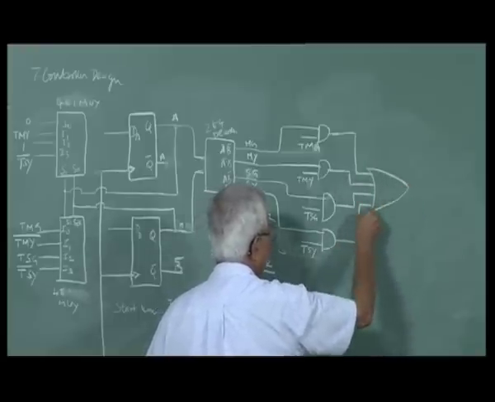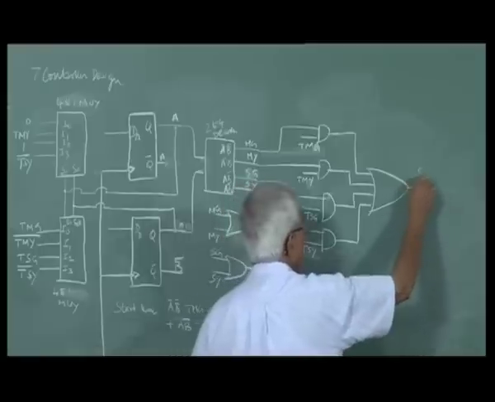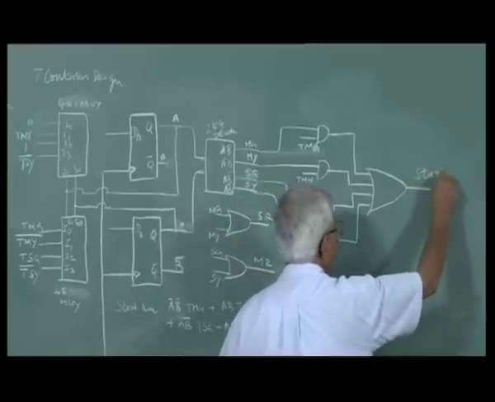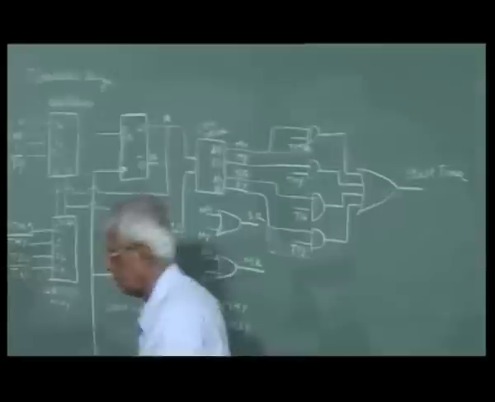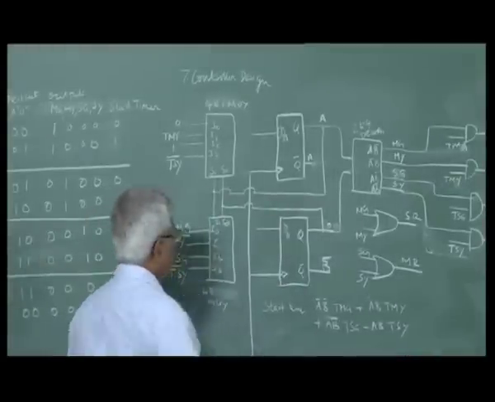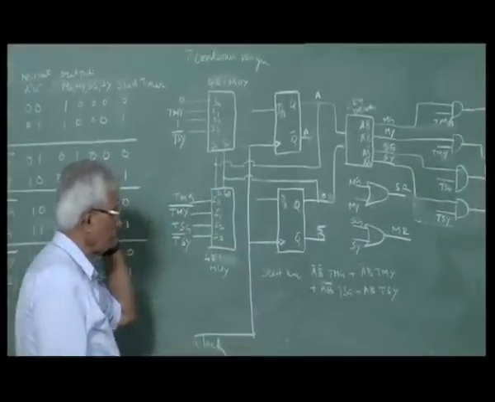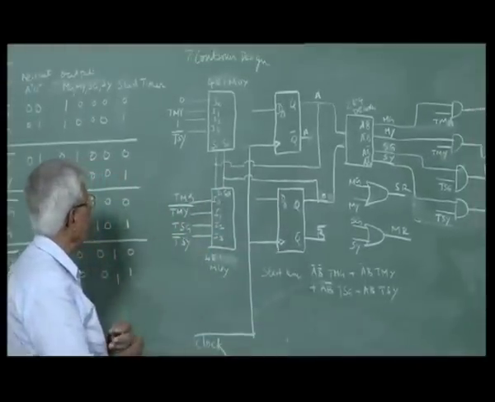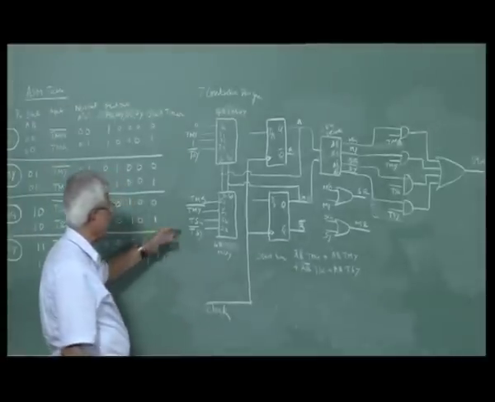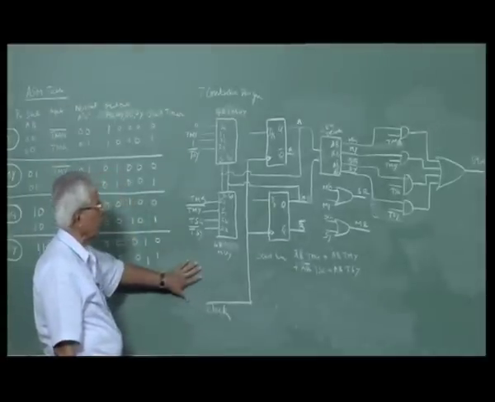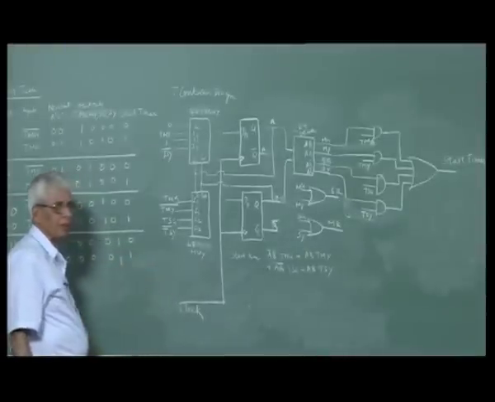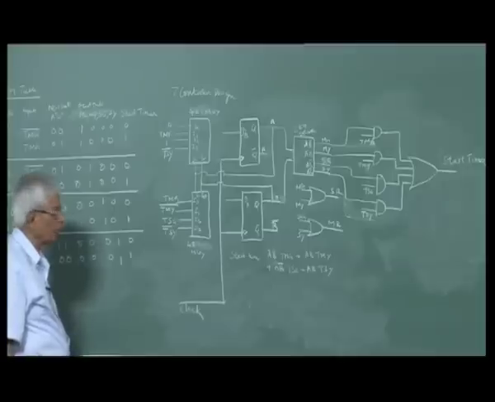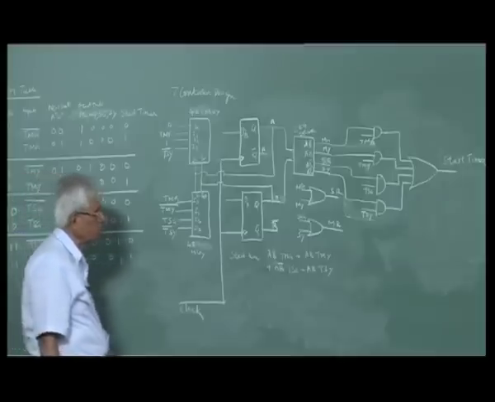This is start timer. So we have accounted for all the signal outputs. 4 lights and start signal. Inputs are the timer. So this is the controller. Note that the clock is required for controller also.